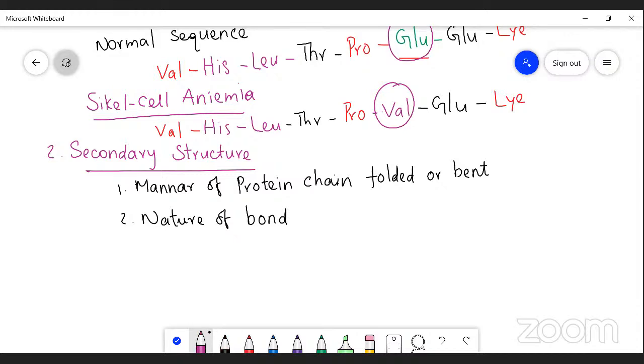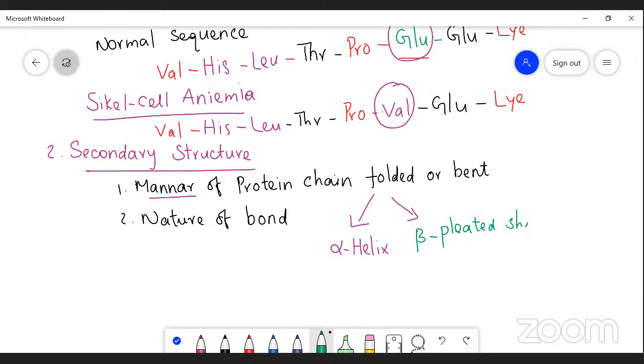Now, regarding the manner of protein chain folding, there are two types. One is the alpha helix, and the second one is the beta pleated sheet.